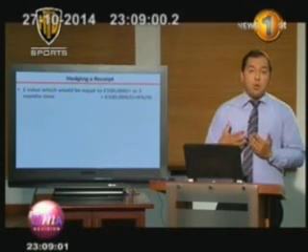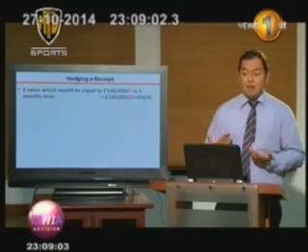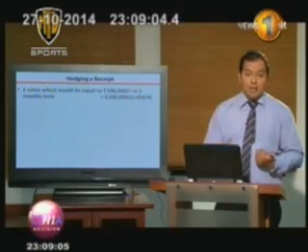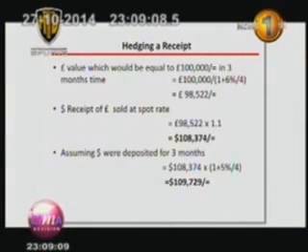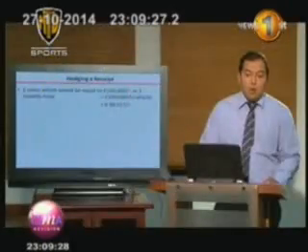So I would borrow a value less than £100,000. How do we calculate this value? £100,000 divided by 1 plus 6%, which is the pound lending rate, divided by 4. Why do I divide by 4? For the simple reason that I am borrowing only for 3 months, and that would give me a value of £98,522. This is how much I should borrow now.